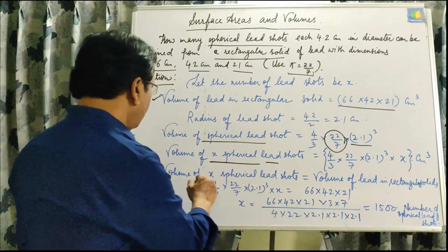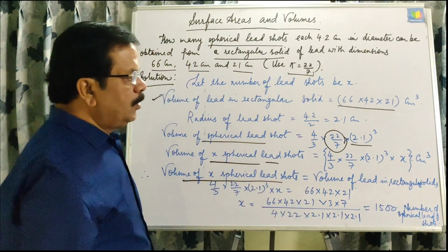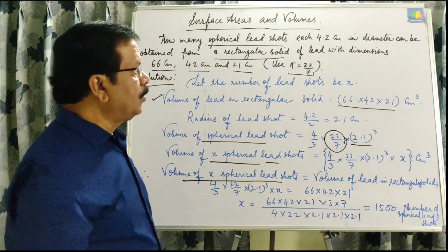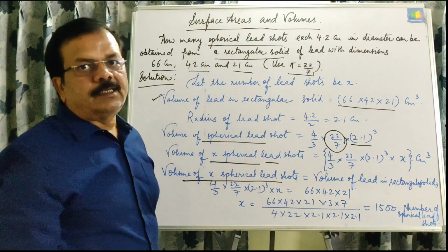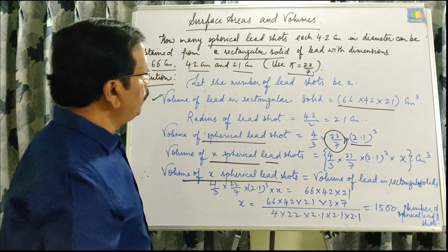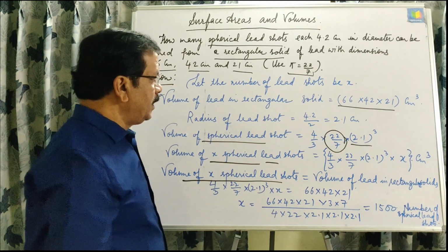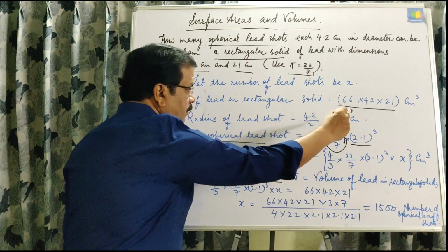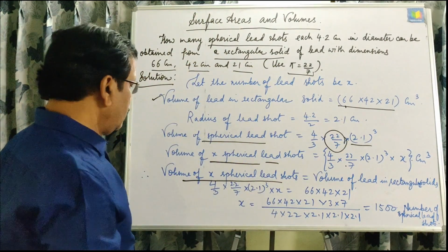The volume of X spherical shots is 4 by 3 into 22 by 7 into 2.1 whole cube into X. This will be equated to the volume of the rectangular solid, because this is melted and recast into the spherical lead shots, and that is why the volume will also be the same. Whenever anything is melted, the volume remains the same, and this volume will be equal to the volume of X number of spherical shots.